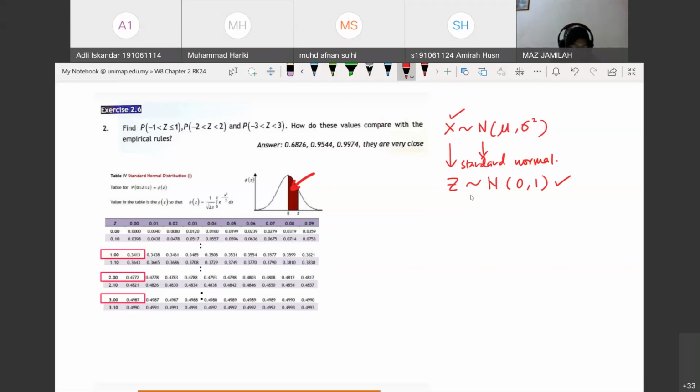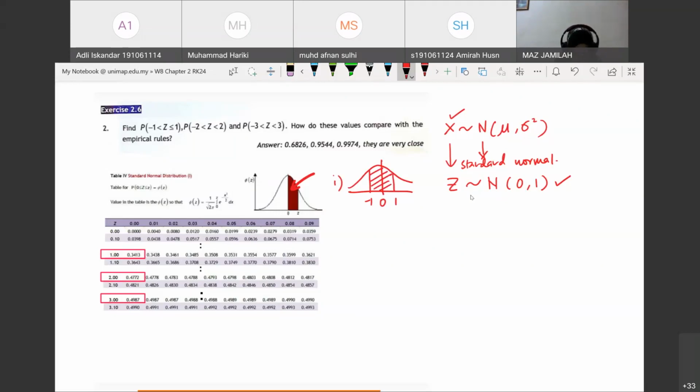Now how are we going to find number 1? If we are referring to the first one, the mean is 0, z is equal to 0, and the area that we are talking about is between -1 and 1. So we are talking about this region.